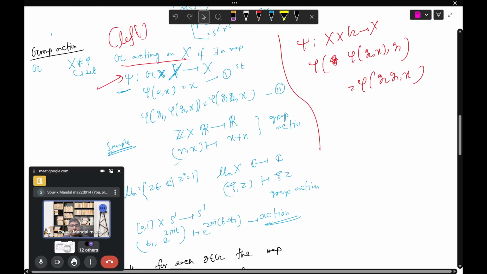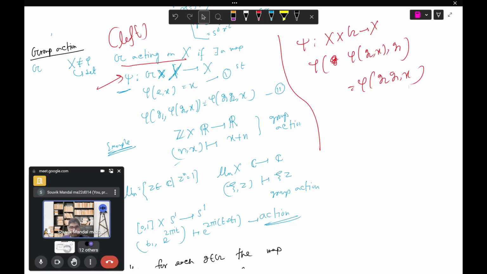But there are some actions which are right actions but not left actions. If some of you read the subject algebraic topology, then there we will come to some right actions which are not left actions. But right now we don't have that setup to give examples.